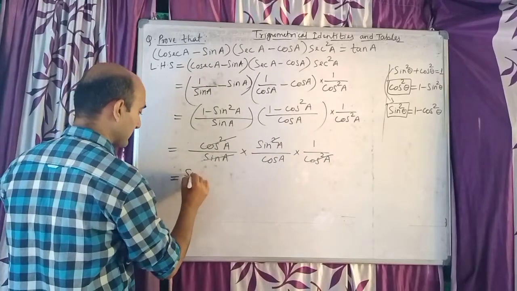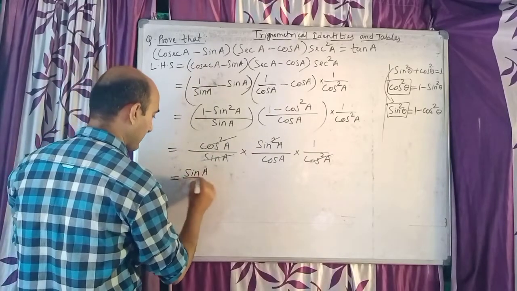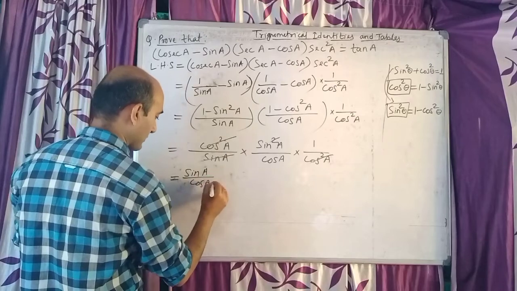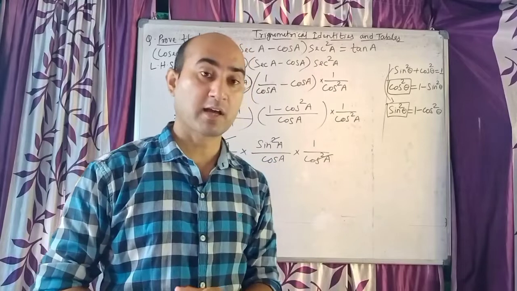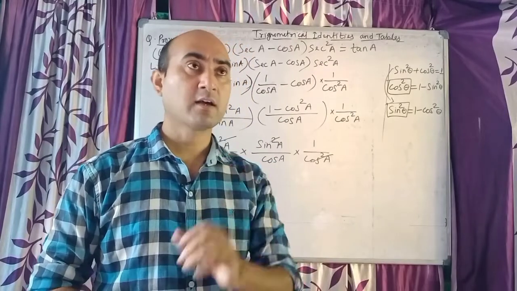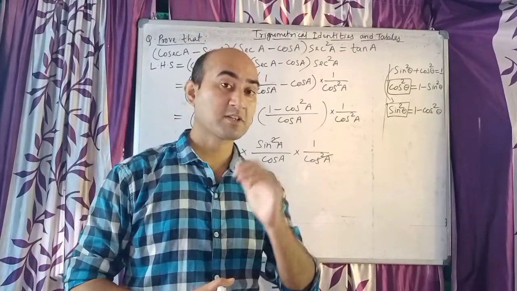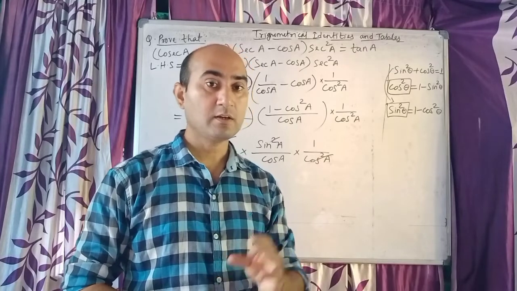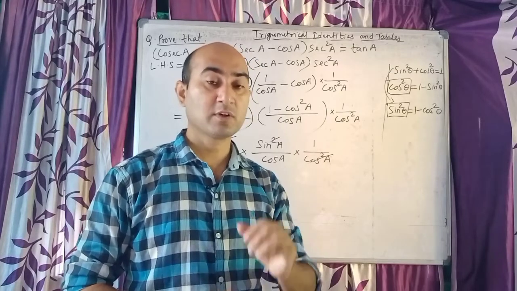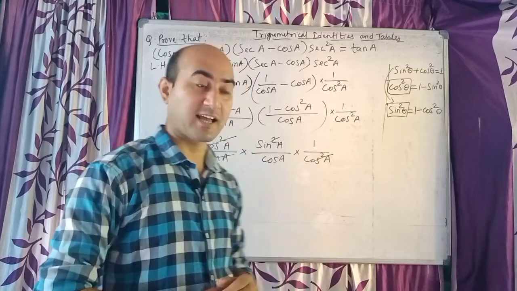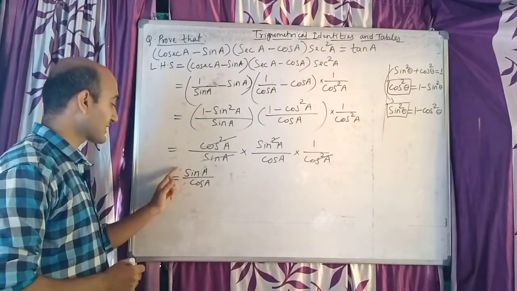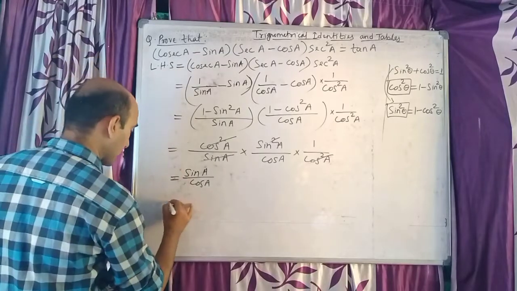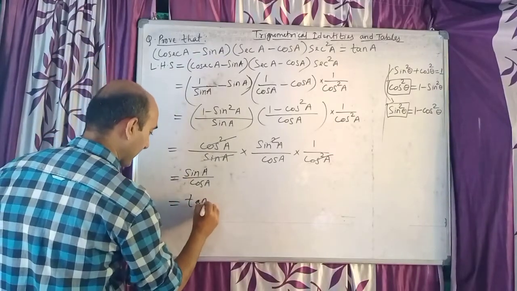Final answer is sin A by cos A. Children, look at yesterday's formula list, I think it is formula number 16. You see, tan theta is equal to sin theta by cos theta, so sin A by cos A is equal to tan A.